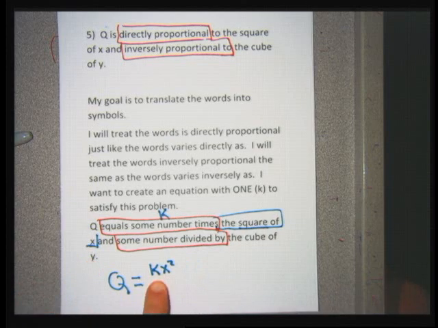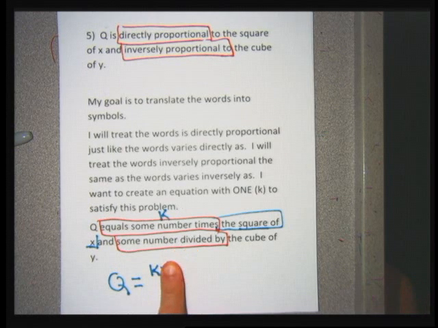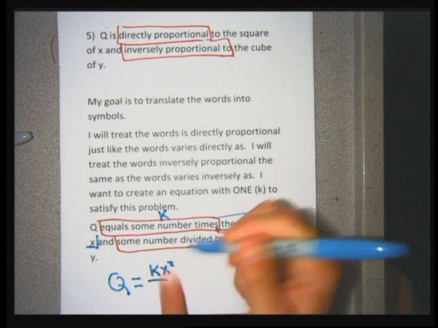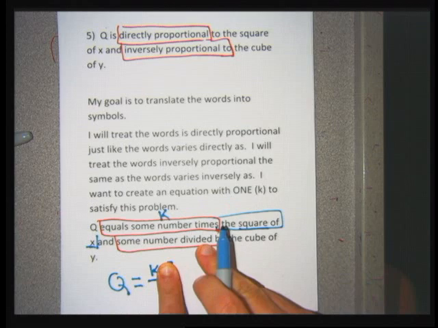Notice I didn't write the kx squared on the same level as the equal sign because I'm also going to do the some number divided by. And I'm going to show the some number divided by having a fraction with a k in the numerator. Because the k came before the words some number divided by, it needed to be in the numerator.